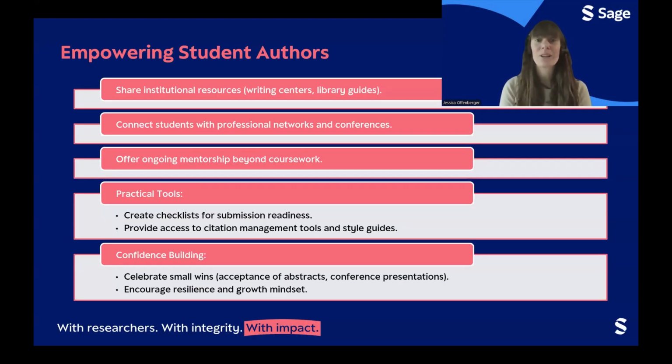Whether a student has had an abstract accepted at a conference, or is doing a presentation at a conference, or recently completed their dissertation and is now looking to publish that work, celebrating those small milestones along the way is a huge confidence builder and something that we should all strive to do with our students, because we all know rejection is common, and part of the course that we all have as researchers. So celebrating those small wins when we can is important.